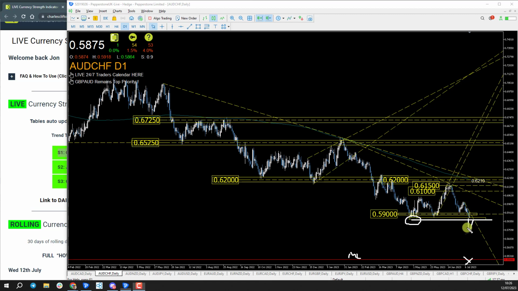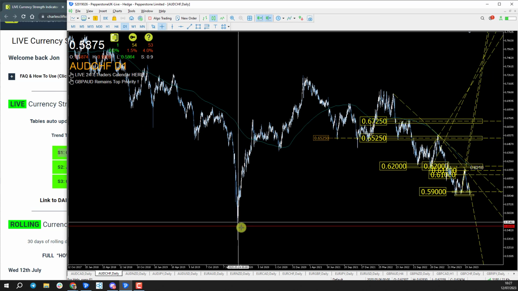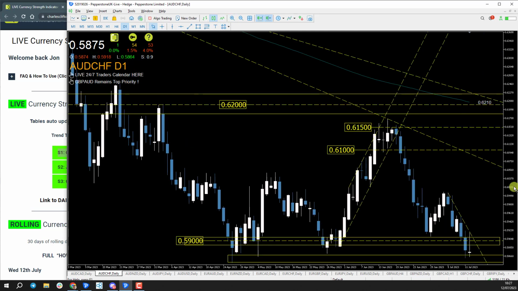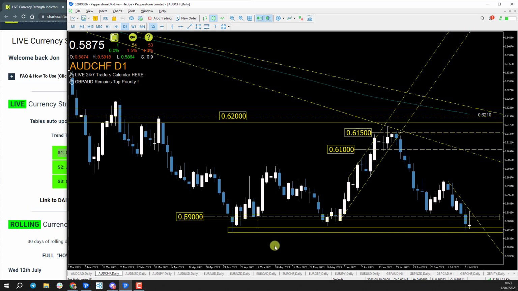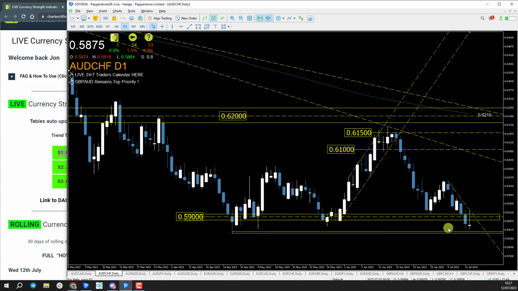If we can break through those, it would offer us a better opportunity to trade to the downside, because it would show us that those sellers are really engaging with the market. Again, if I zoom out a little bit more, you can see that's the area I'm talking about, these major lows at the 55. So it could move quite a considerable way if it did take out these lows. We just need to wait to see if it can do so. This low here, being the 58.50 handle, is the one I'm talking about, just down through here. Okay, so if we can clear that, it opens the door up for a bit of a move down.